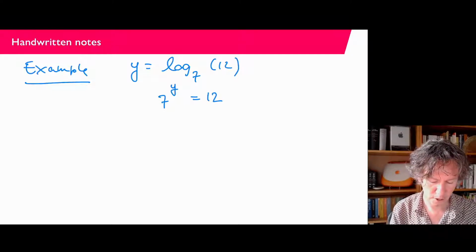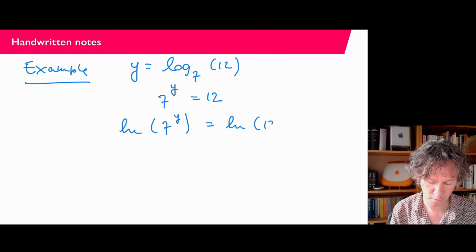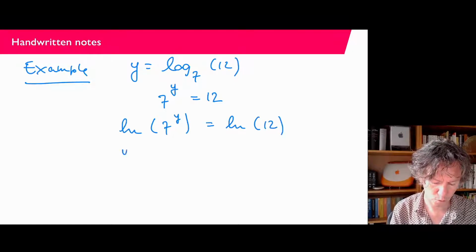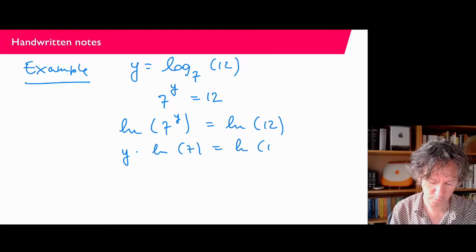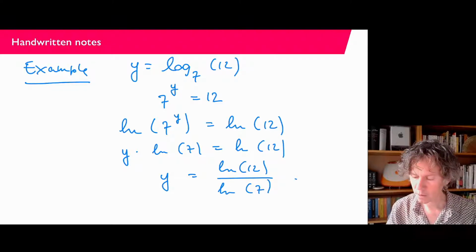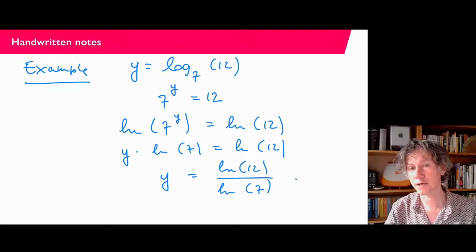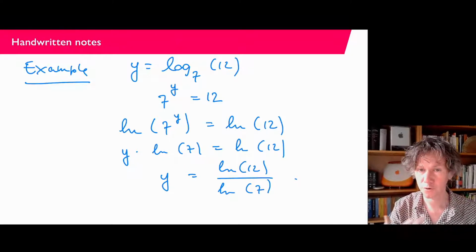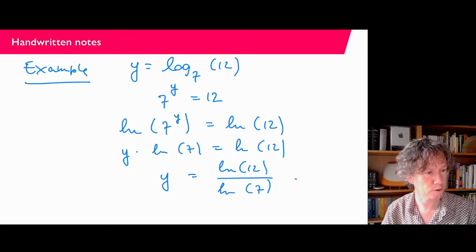Now we can take the ln. So we have that ln of 7 to the power y equals the ln of 12. So y times ln of 7 equals ln of 12. And we find that y is the same as ln 12 over ln 7. So if you have a calculator that only has the natural logarithm as a logarithmic function, you can compute any logarithm by using this trick, or rewriting, or whatever you want to call it.